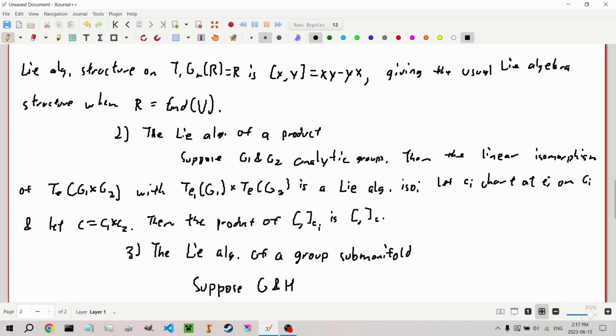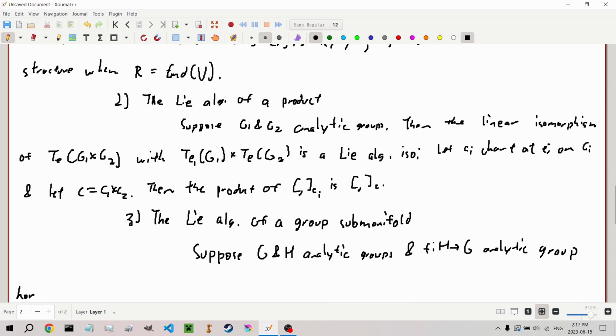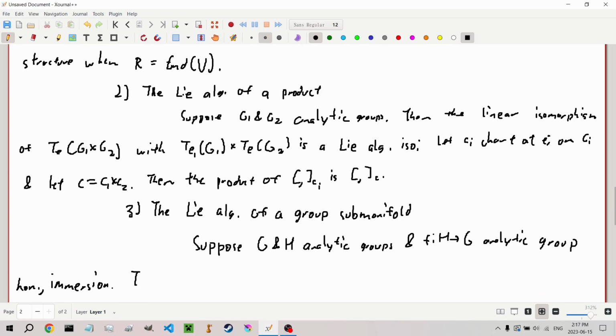Suppose G and H are analytic groups, and F from H to G is an analytic group homomorphism and is an immersion. Then L of F, being a map from L of H to L of G, is of course going to be injective.